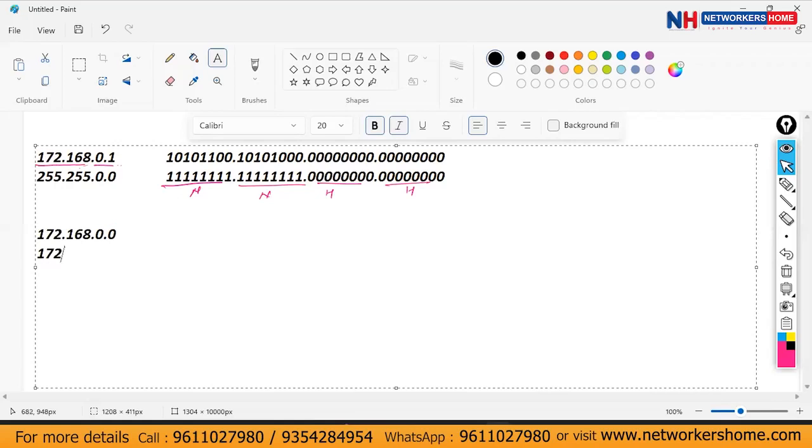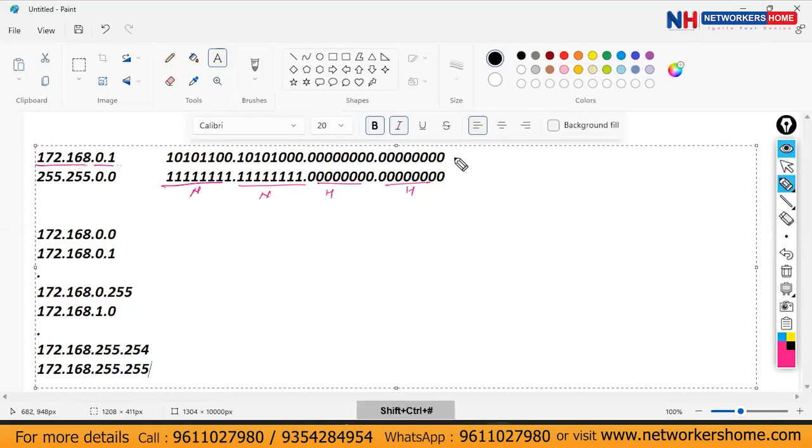The second address would be 172.168.0.1, and then somewhere it will be 172.168.0.255. Next will be 172.168.1.0, like this. By the end, it will be 172.168.255.254, and the last address would be 172.168.255.255.